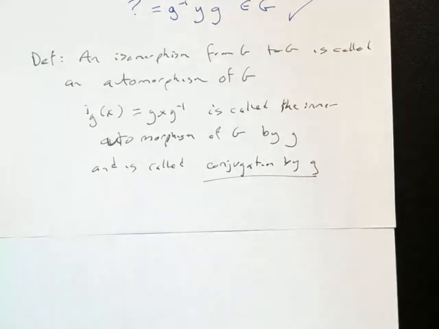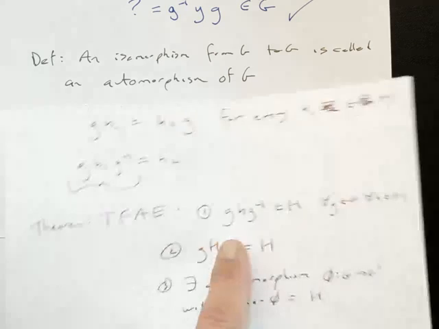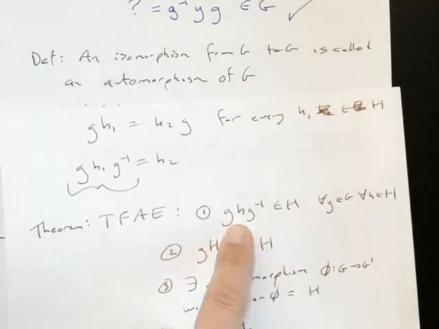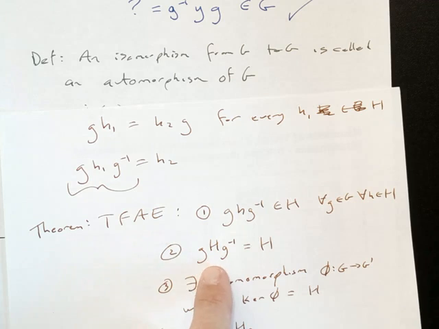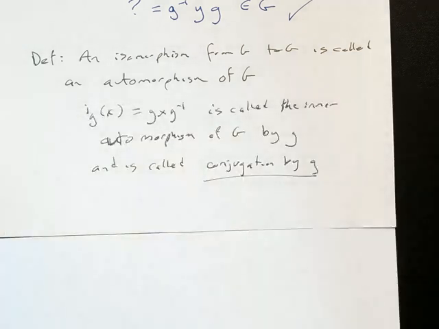Our normal subgroup statement, our equivalent, used conjugation, didn't it? And it said that H is only conjugate to itself. That means H is invariant under conjugation if and only if it is normal.